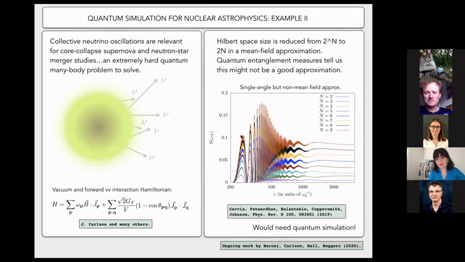That already tells you that this classical simulation might be missing some important physics, some important quantum correlations in the system. So this is an example of why we need quantum simulation in this problem. And of course, there's been ongoing work on trying to map a small instance of this system to quantum hardware and demonstrate that this is really the path forward.